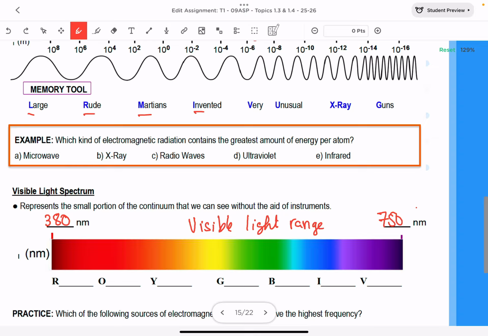Now, of course, the violet has the shorter wavelength, so it is more energetic than the red.